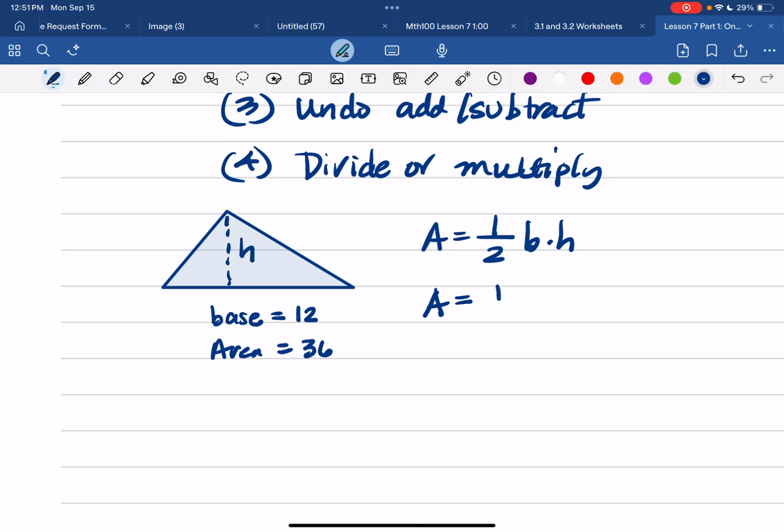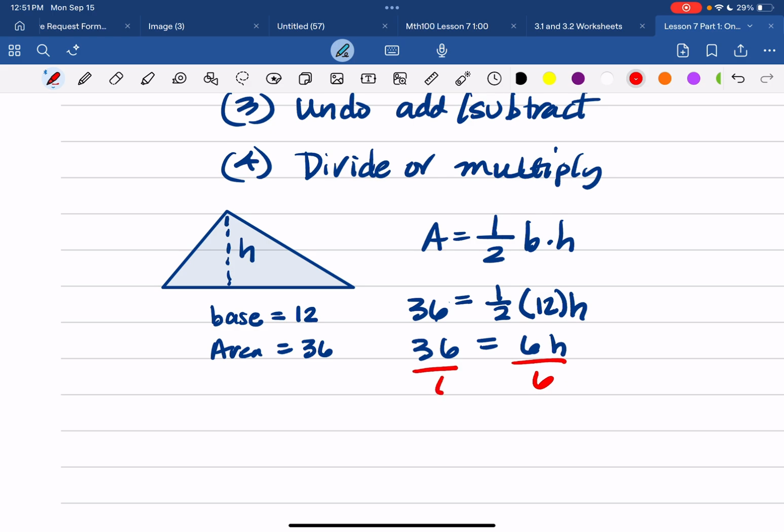The area is 1/2 of the base. And I know the area, so instead of A, I can write 36 times the height. Now, height is unknown, so I leave that. Now I can simplify. 1/2 of 12 is 6, and I need to divide by 6 on both sides. And I get 6 is my height. So my height would be 6.